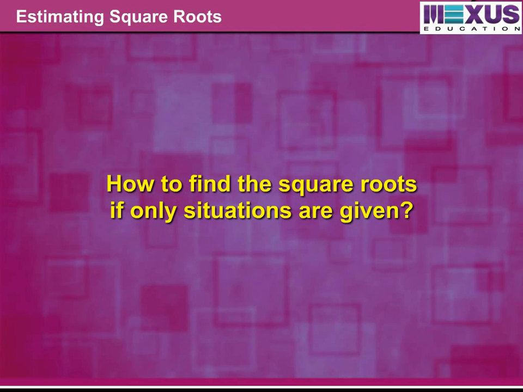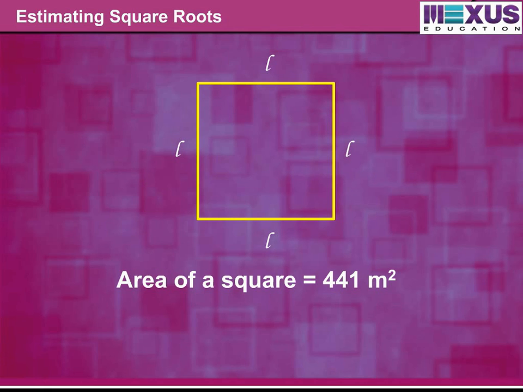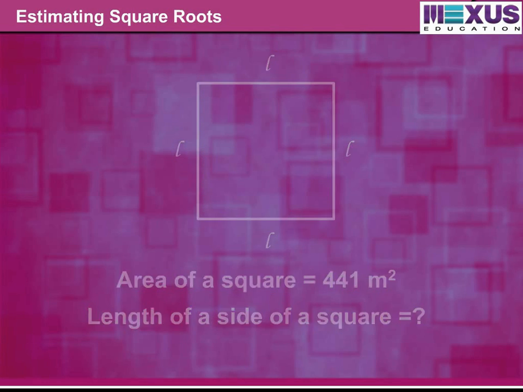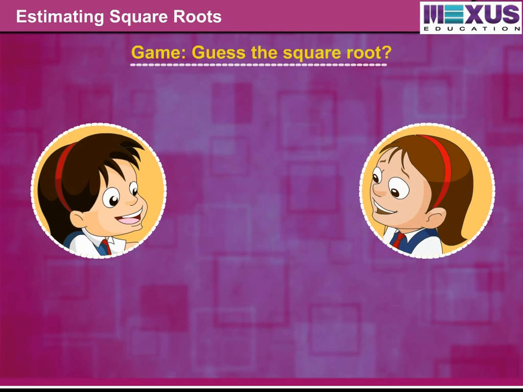Now we will learn how to find square roots if only situations are given to us, with a few examples. Suppose the area of a square has been given as 441 meters square, and we need to find the length of a side of the square. Or Sheila and Rita played a game.